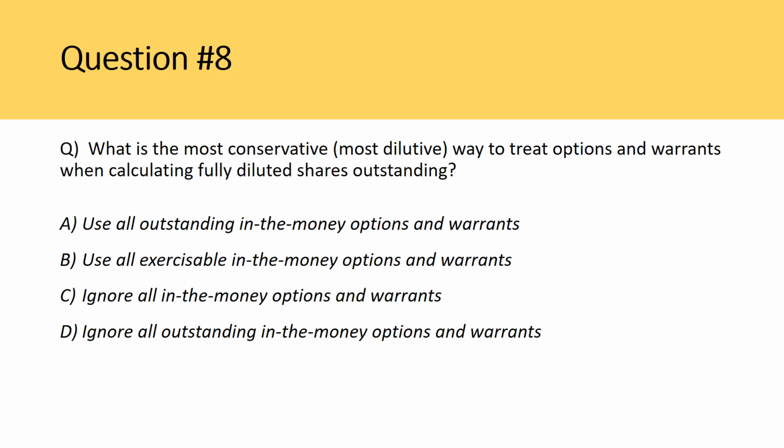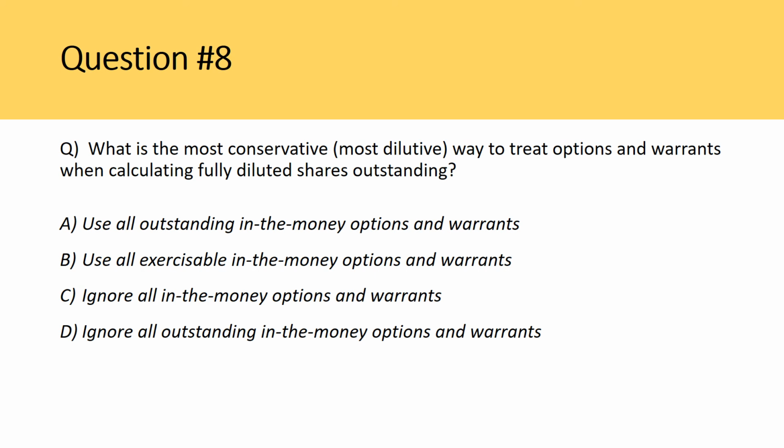Okay, question 8. What is the most conservative or most dilutive way to treat options and warrants when calculating fully diluted shares outstanding? This is another very important thing to understand. When we are conducting a comparable company analysis or a precedent transaction analysis, we can make a decision.